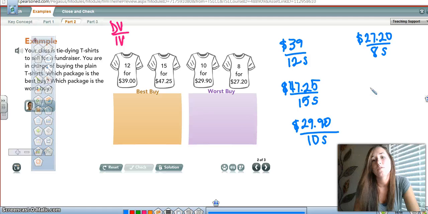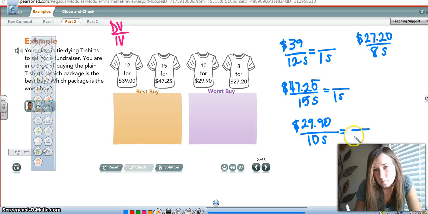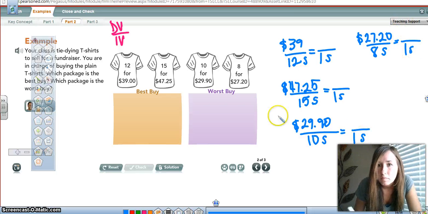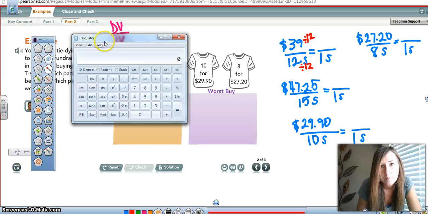Okay, so to compare these prices, we just want to look at how much for one shirt. So on each of these, we want to know how much for one. Well, to get the price for one, we're just going to, in this case, divide by 12. That will make our denominator become 1.